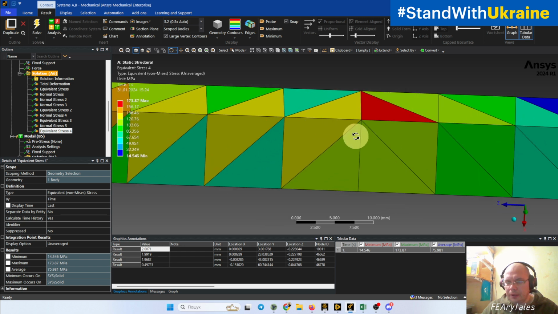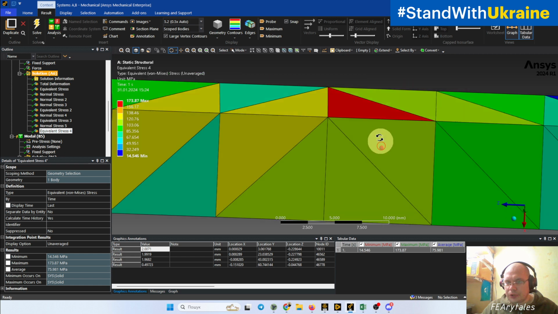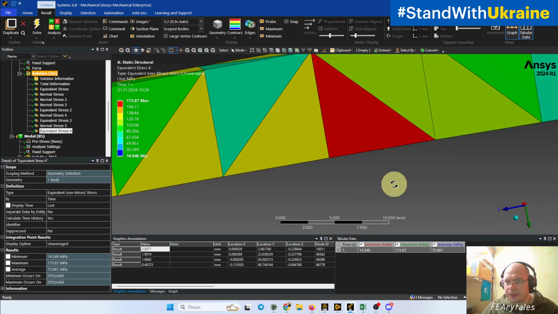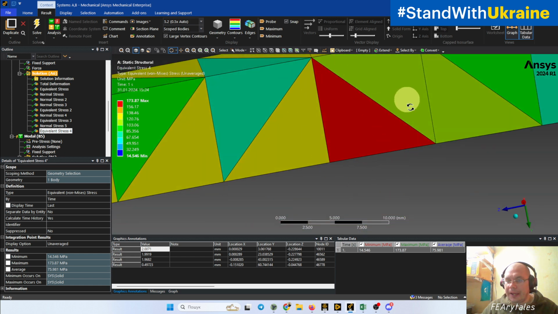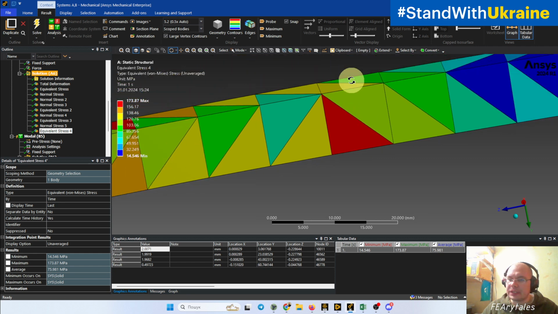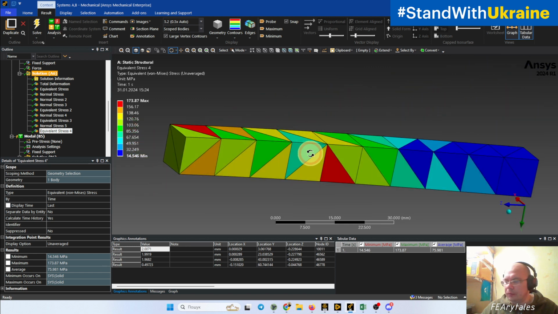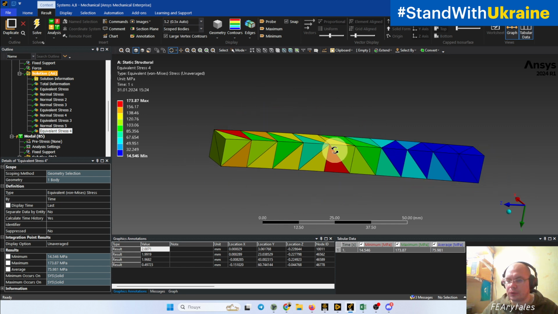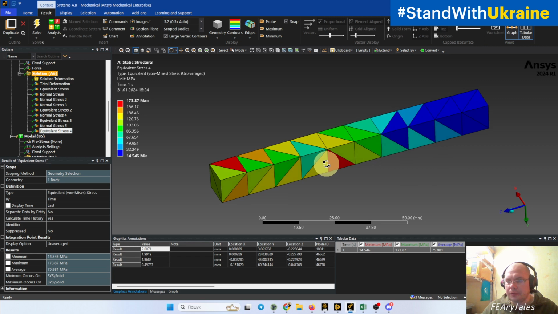That's why it looks so different in colors. But we can see that for every element we have only one color, only the constant stress distribution. And that's why we don't use this linear tetra, especially with coarse mesh, for the linear material behavior.